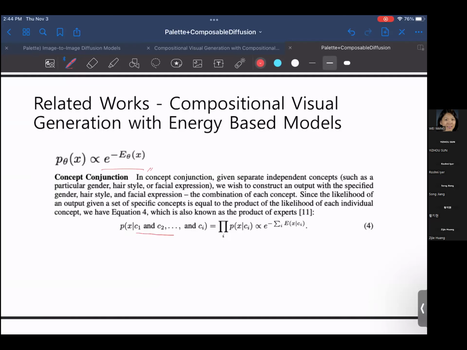When they have C1 to Ci conditions, if they want the data distribution produced to have all these conditions to be AND, then they will simply multiply these probabilities, and this is going to be presented as this.